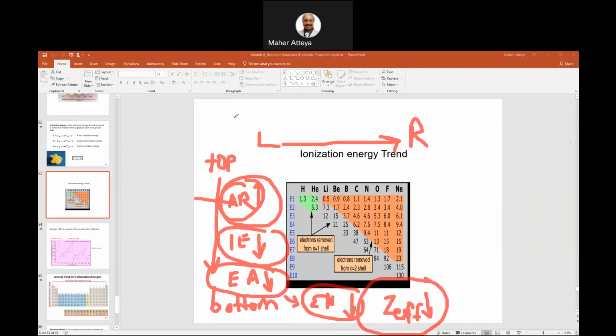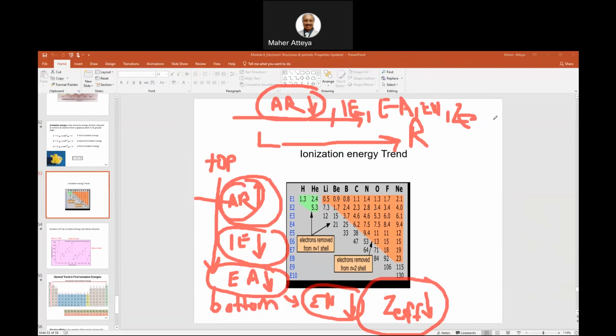Now, if you go within the period, the AR will go down, correct? Then all the rest, ionization energy, electron affinity, electronegativity, and effective nuclear charge, will go up.